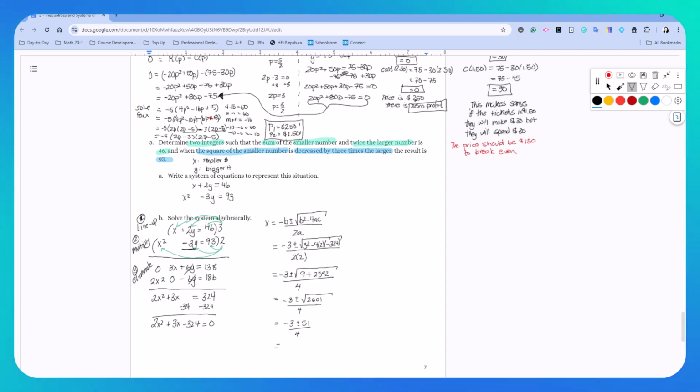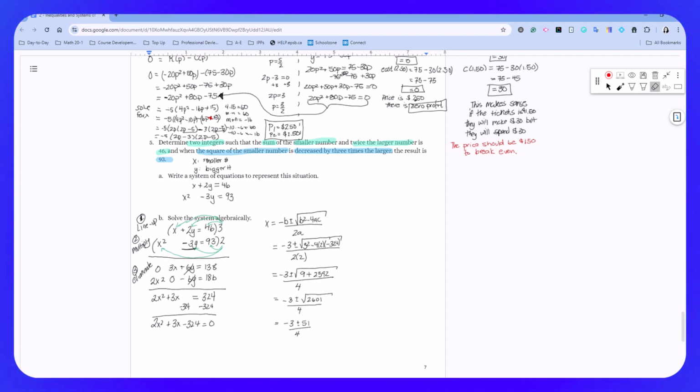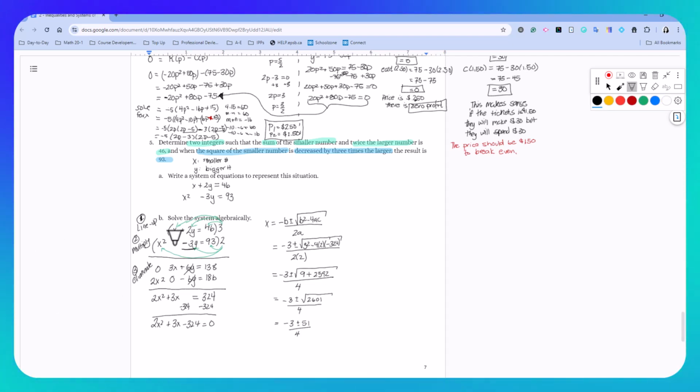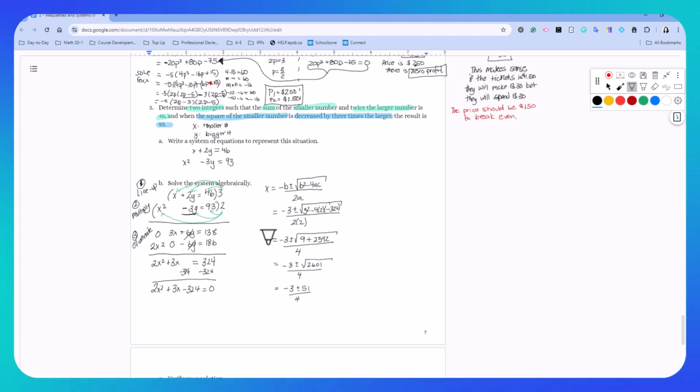So now we have our two solutions. The first one, let me just give some space, is negative 3 plus 51 over 4. So that's our first value of x.